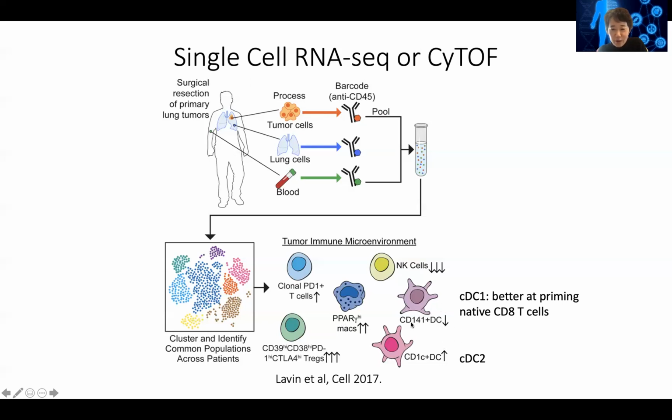So the CD141 dendritic cell is a good dendritic cell. It's better at presentation to the T cells for T cells to recognize tumor antigen. But unfortunately, those cells are decreasing, whereas the worse type of dendritic cells, cDC2 with high CD1C level, are increasing.